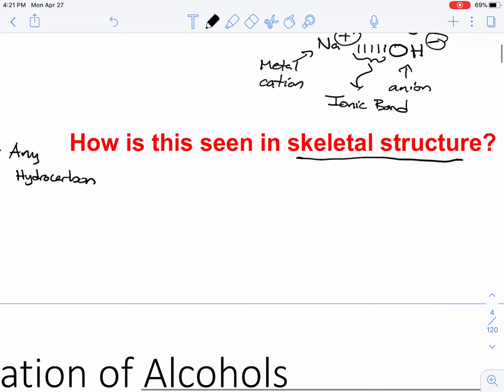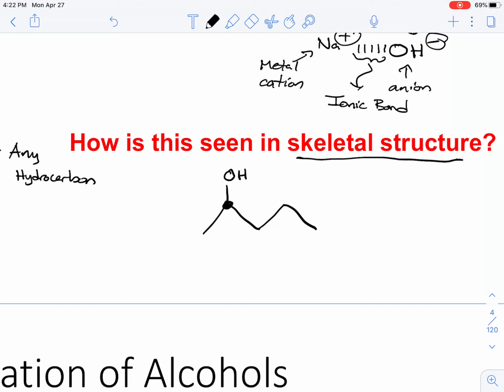And so let's just say that we have pentane. Pentane, there's 5 carbons. And so if you guys wanted to depict a hydroxyl group in skeletal structure, what we're going to do is create a covalent bond between this carbon and the oxygen and the hydrogen.